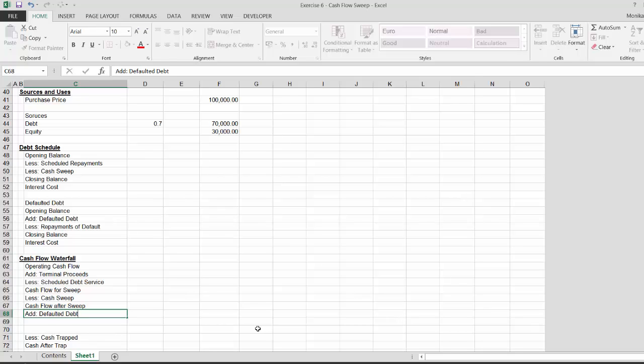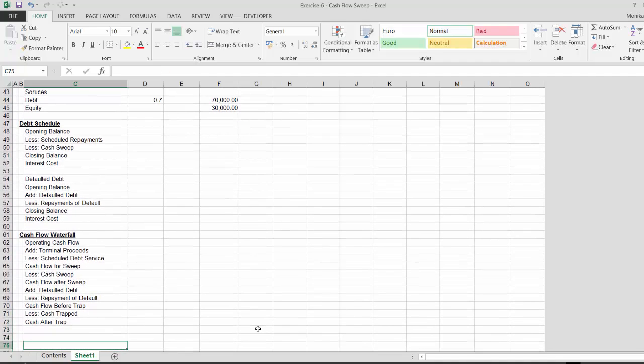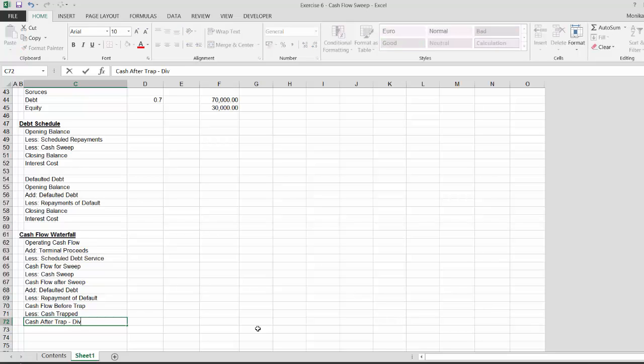And then after we add the defaulted debt, let's take away the repayment of default, and then get us cash flow before trap. Then we take away the cash trap, and cash flow after trap, that's our dividends. Okay, there we have everything.